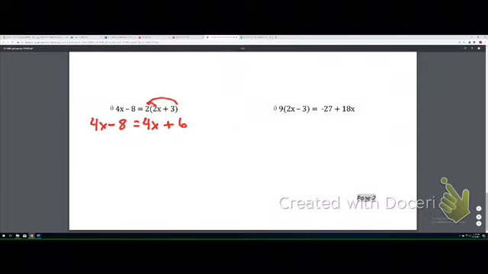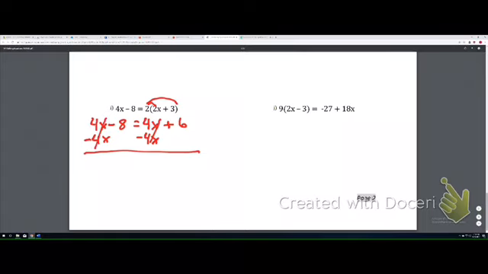So on this one, we have 4x and 4x. Either side you decide to move it to, you're going to do negative, because that's the only way you can do it, and you have to do it to both sides. When you do that, what do we notice? Both sides cancel out. So that leaves us with negative 8 equals 6, which means that these sides don't equal.